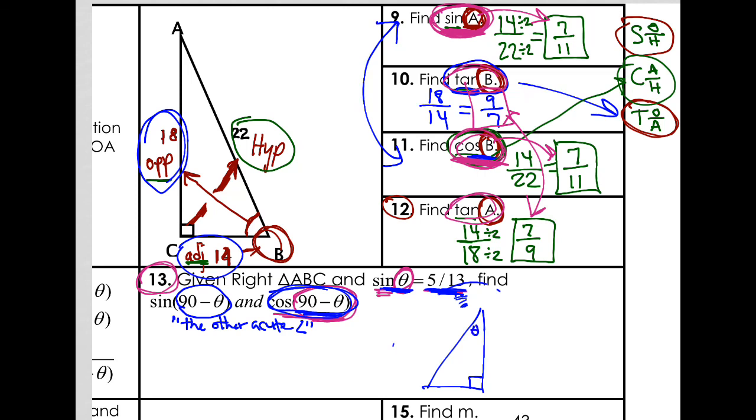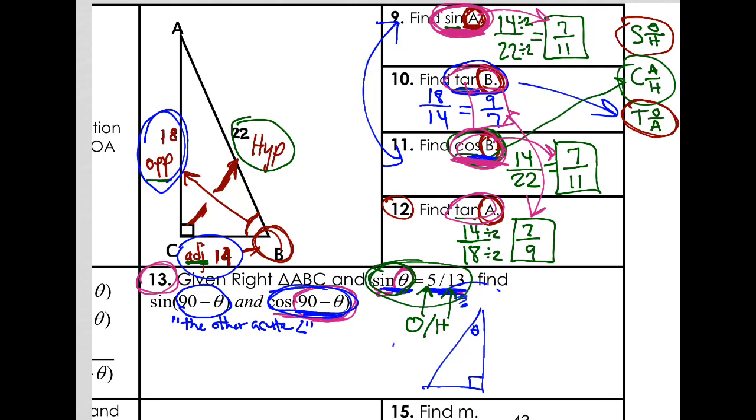Alright, so we labeled it. I'm going to just leave the theta here where I had it a second ago. Now, the key here is when they give you an actual ratio, like they did in this instruction piece, they're giving you two side lengths. Because remember, we know that the sine is equal to the opposite over the hypotenuse.